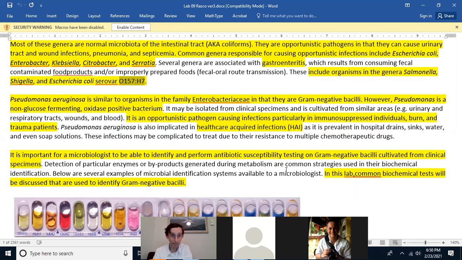Pseudomonas aeruginosa is an important opportunistic pathogen causing infections, particularly in immunosuppressed individuals, burn, and trauma patients. Pseudomonas aeruginosa also is an important healthcare acquired infection, abbreviated HAI, and we will talk about that as a nosocomial infection, two terms meaning the same thing.